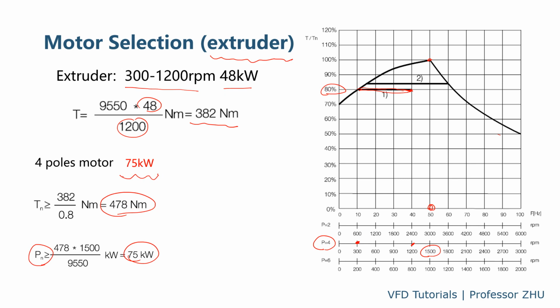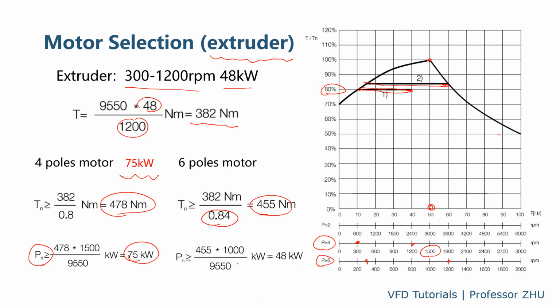75 kilowatt motor. If we use a 6-pole motor, and here a 6-pole motor, speed from 300 here to 1200 here. Then the curve is this one, curve 2, line 2. Line 2 is about 84%. And then we get the rated torque.